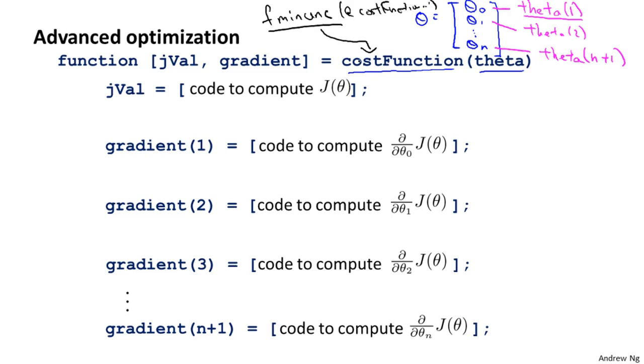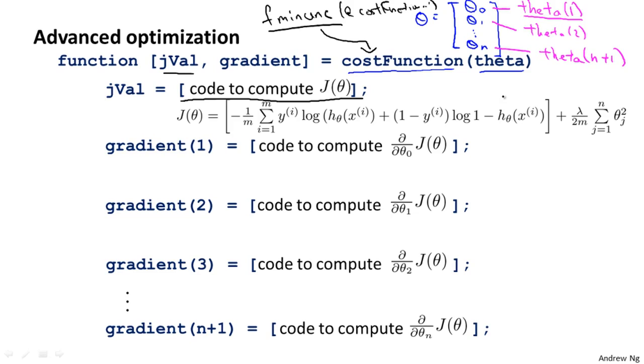The two main things that the cost function needed to return were first jVal, and for that we need to write code to compute the cost function J of theta. Now when we're using regularized logistic regression, of course the cost function J of theta changes, and in particular our cost function needs to include this additional regularization term at the end. So when you compute J of theta, be sure to include that term at the end.